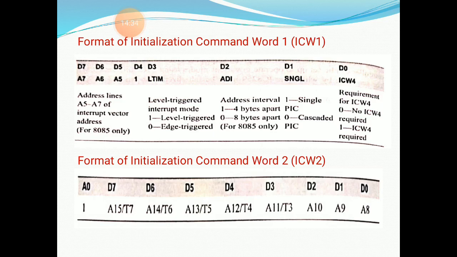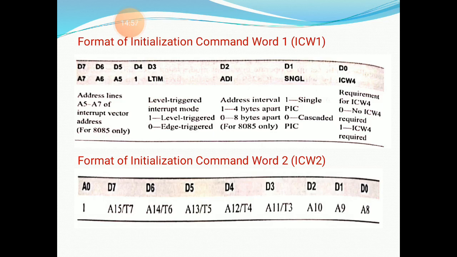For the 8085 processor, the ISR address interval is 8 bytes. So depending upon the interfacing of 8259 with the 8085 or 8086 processor, the ADI bit becomes 1 or 0. If 8086 is interfaced with 8259, ADI equals 1. If it is interfaced with the 8085 processor, ADI equals 0.